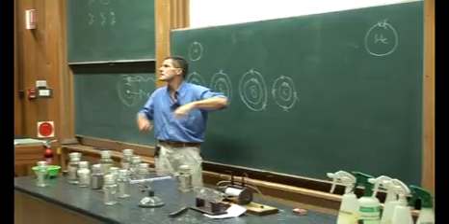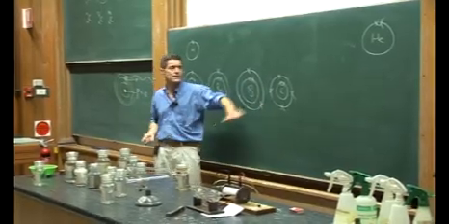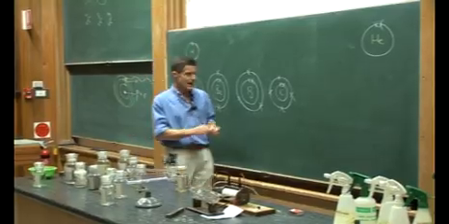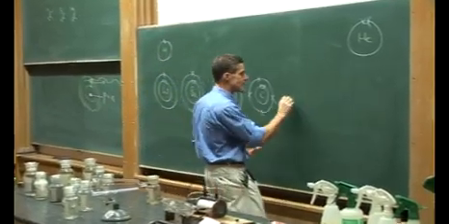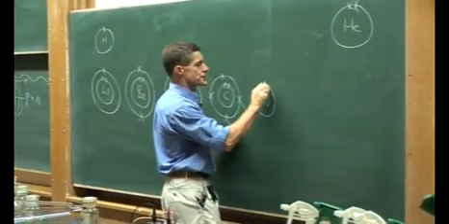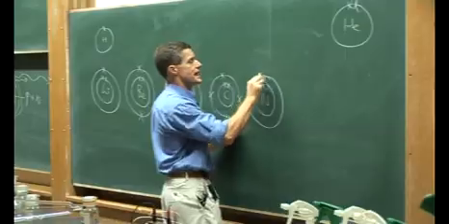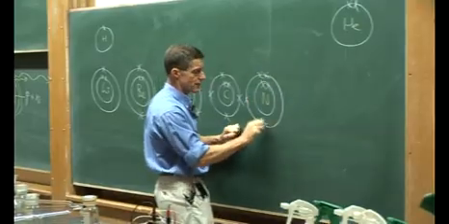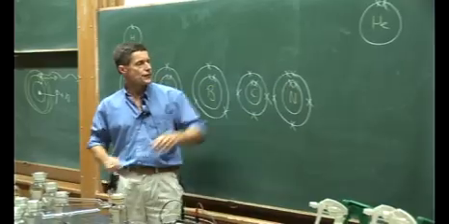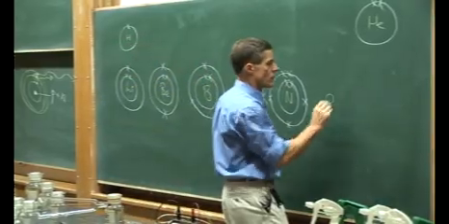This 2nd orbit is quite a bit larger than the innermost one, so it can contain many more than 2 electrons. And as we cross the periodic table, nitrogen is next. I'm going to start pairing up the electrons so it's easier to keep count of them. I've got a 2-5 arrangement.